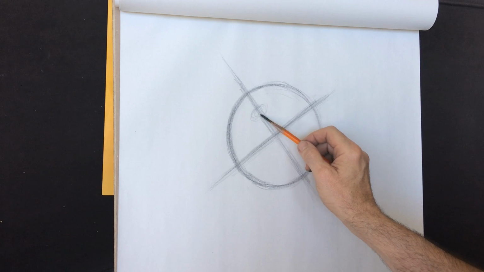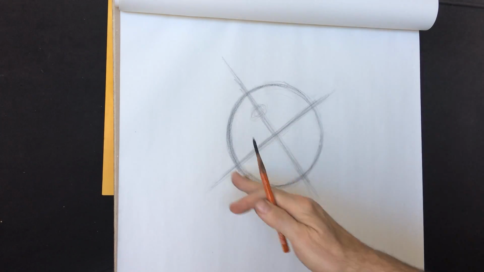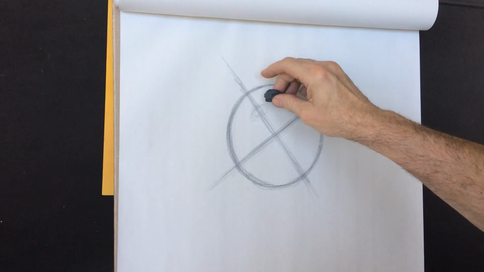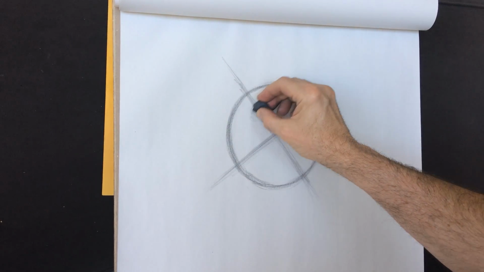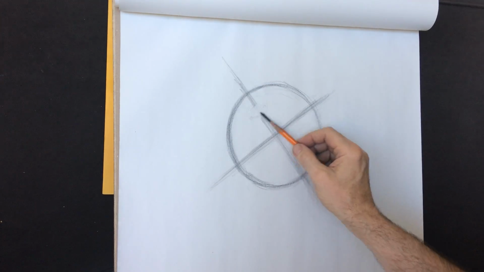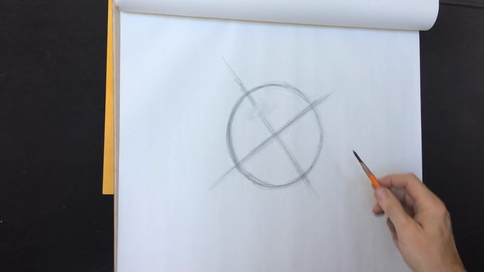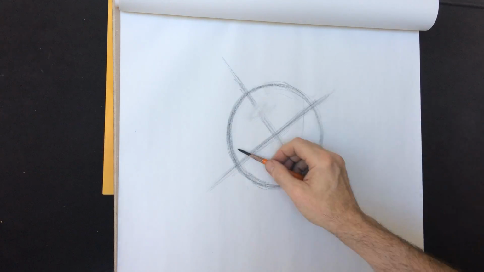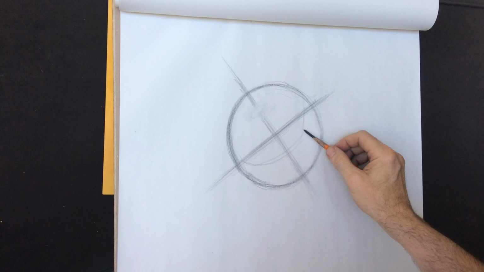So depending on where this light source is, the specifics will change, but the basic idea will be similar. And I like to think of it as basically creating a succession of different crescent moons.